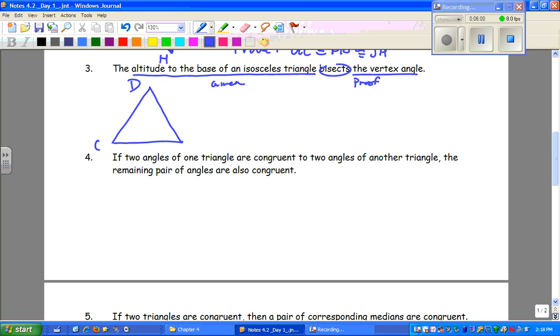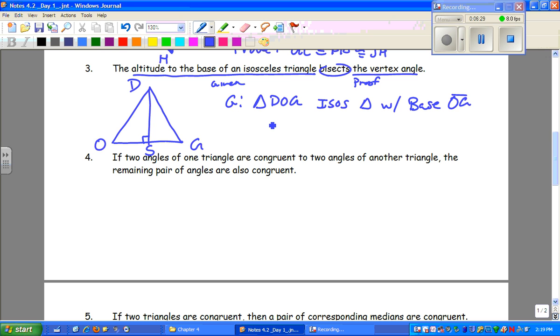We got DOG. S. We're given triangle DOG is an isosceles triangle with base, just like you've been seeing, OG.